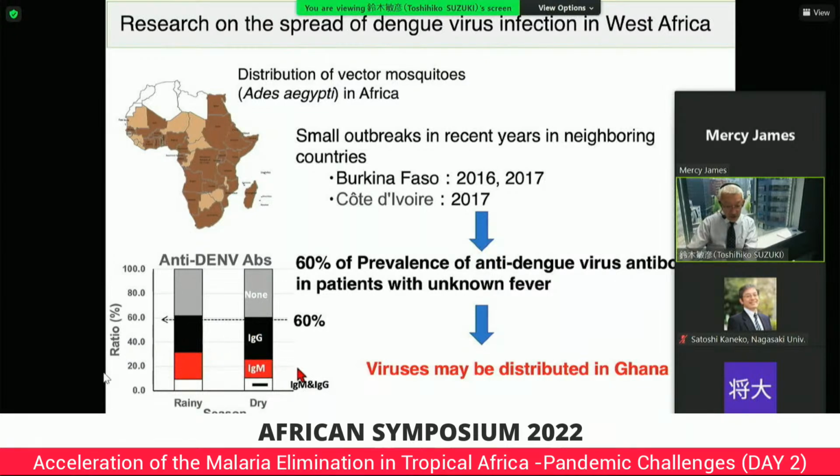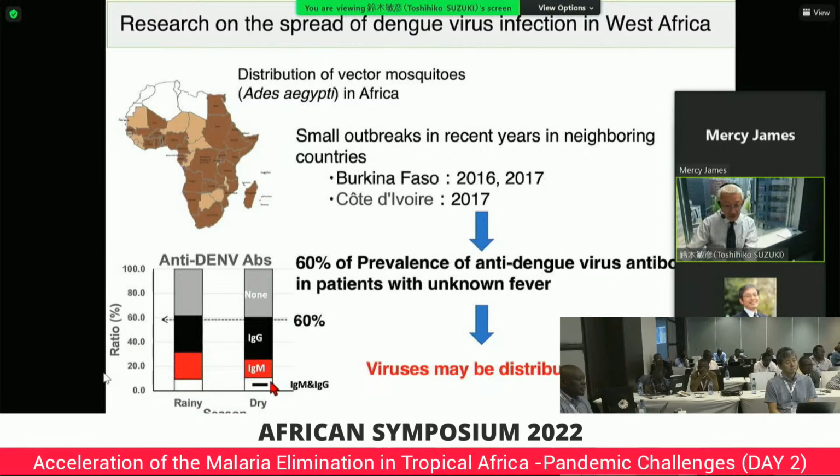As you can see in this graph, antiviral antibodies were detected in about 60% of sera, suggesting the possibility that dengue virus may be widely distributed in Ghana. So we think that future outbreaks can't be ruled out.